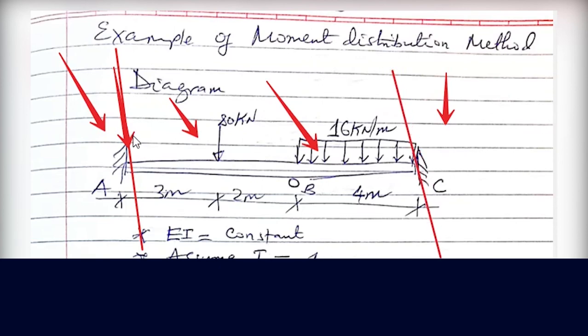Now it is easy to have your free body diagram and all the values for the maximum bending moment, the maximum reaction and the shear force. Now we can proceed further.